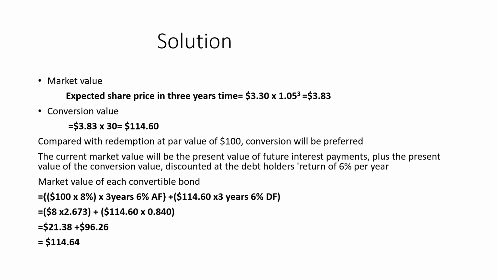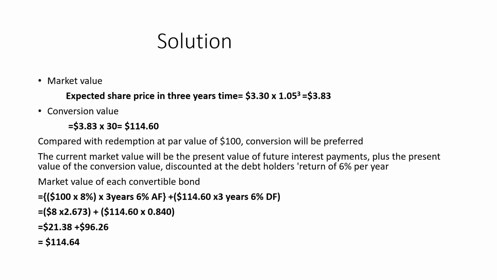So in that case, we can find out the present value of the 3 years' coupon, that is 8%, discounted at 6% for 3 years. And second, as the conversion value is 114.60, we will discount this conversion value for 3 years. We'll get $21.38 plus 96.21. We'll use the same formula as in this slide.